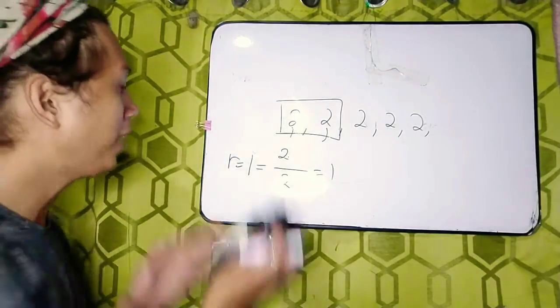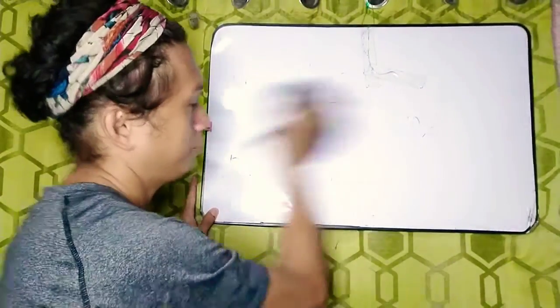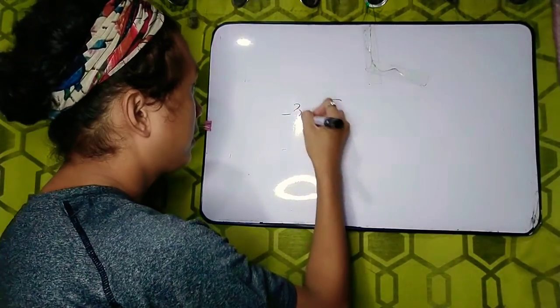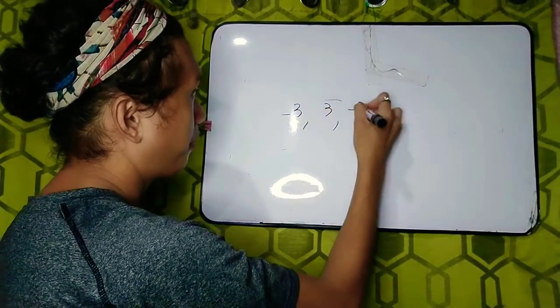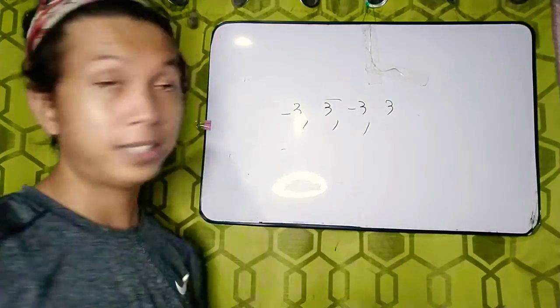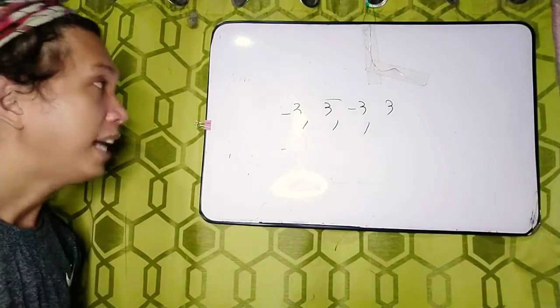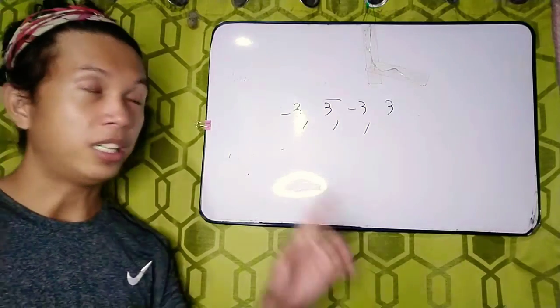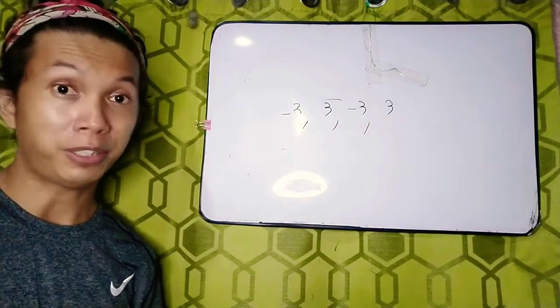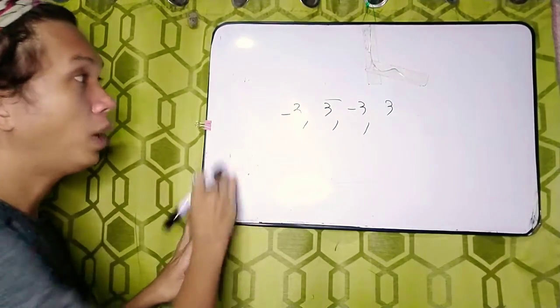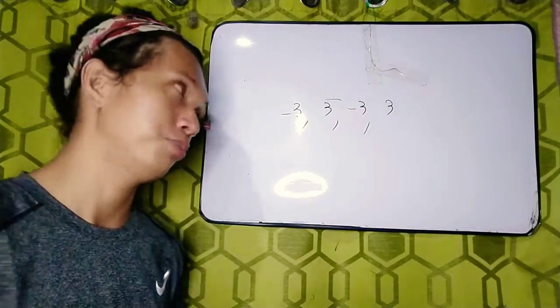Okay? So another example. And let's try to get the common ratio. Negative 3, 3, negative 3, 3. As you can see, there is an alternating negative value of terms in the given geometric sequence. So, what do you think is the common ratio?